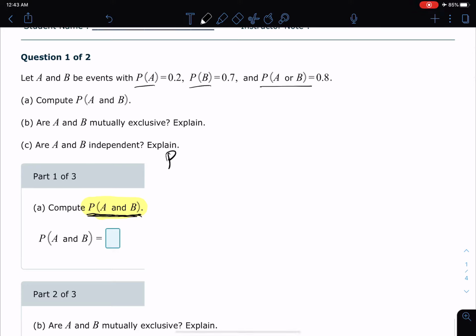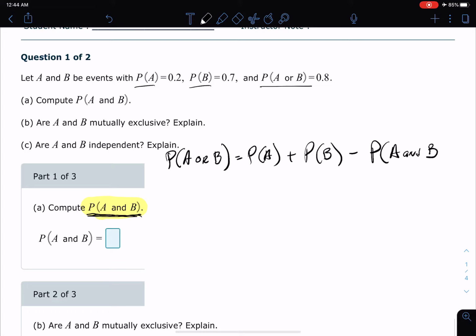So what is our formula? How do you find the probability of A or B? Well, it's just going to be the probability of A plus the probability of B minus the probability of A and B. So what we're going to do is fill in all the pieces that we know. I know P of A is 0.2.